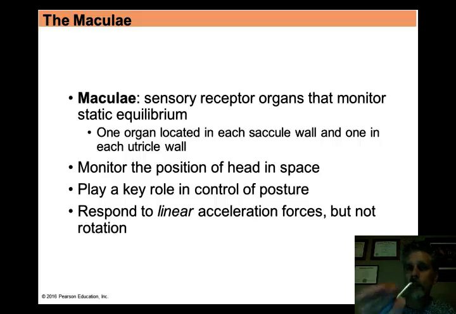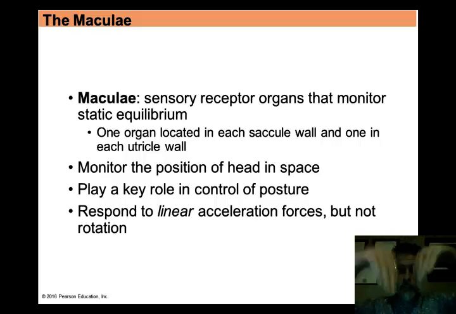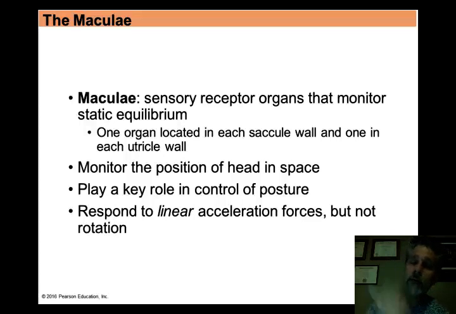These ones are more linear. So moving forward and backward, moving up and down, straight up and down like in an elevator, or just the position of your head relative to gravity, right? So gravity is always kind of pushing down on them, but if I have my head slightly to the side, I don't need the visual stimulus to know that I'm not exactly upright, right?